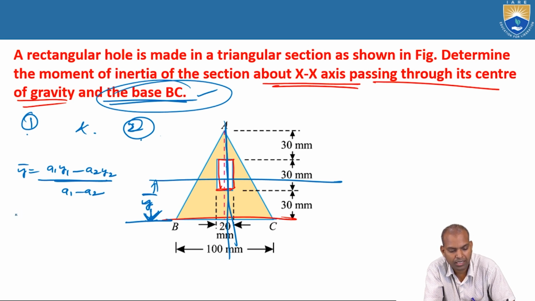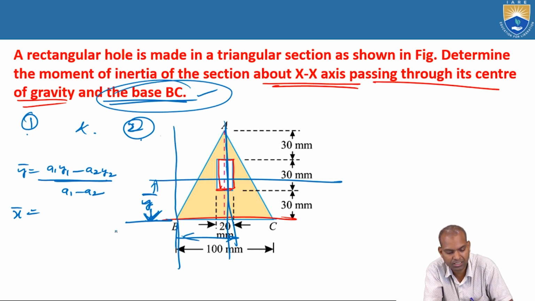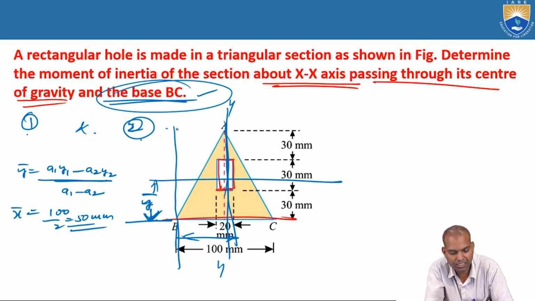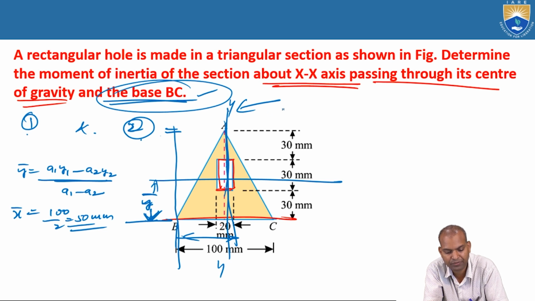And what is the bar x value? This vertical distance is 100 by 2, 50 millimeters. So bar x is already here. If you consider this as the reference axis, it is 50. It is symmetrical about the vertical axis, so for this section we are already considering this as the reference.